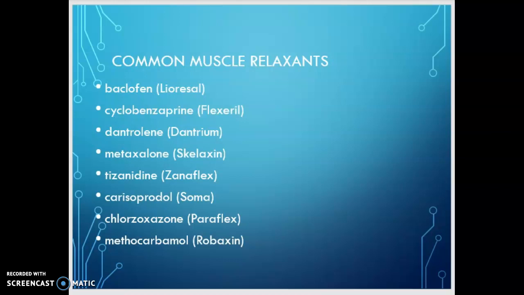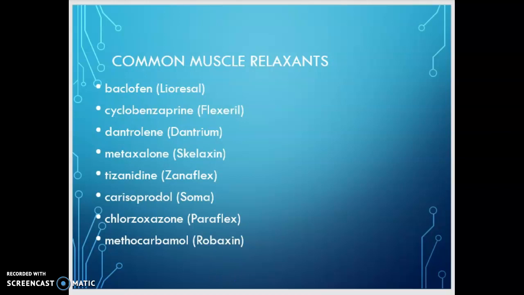With tizanidine, the great thing is it comes in a 2 milligram, 4 milligram, or 6 milligram, but they come in a quartered scoreable tablet. So you can actually take a tablet and cut it into 4 parts equally because it's scored and adjust dosages that way. So that's one of the great things about tizanidine.